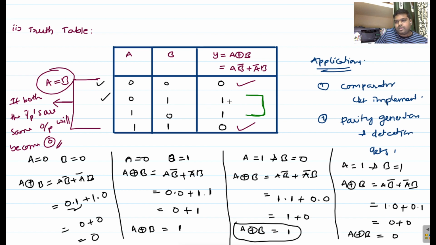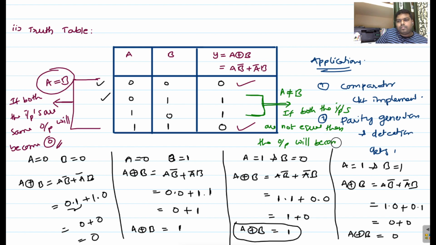So if A not equals to B, if both the inputs are not equal, then the output will become logic 1. So when A equals B, output equals logic 0. When A not equals B, output equals 1. So that is the conclusion for this XOR gate.